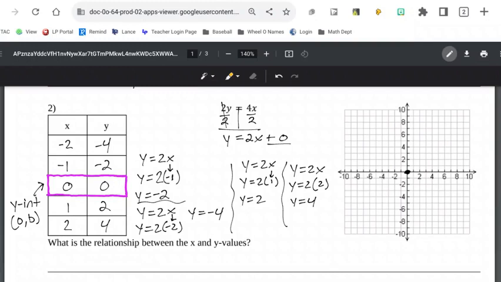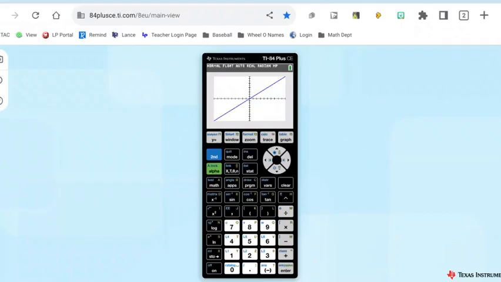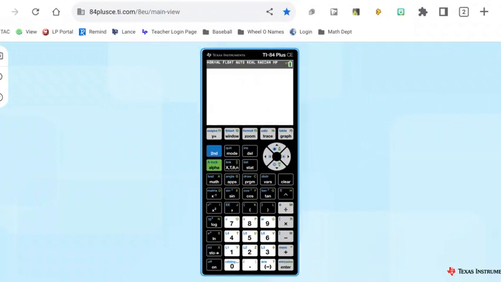But again, let's practice and plug it into the calculator. So we go back to our calculators. We go back to y equals. We are done with that last equation, so we clear it out and we type in our new equation. Our new equation is y equals 2x. Then we want to see our table of values, table of coordinates. We hit second graph.